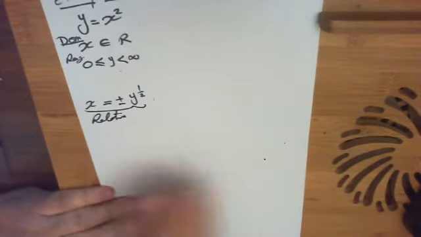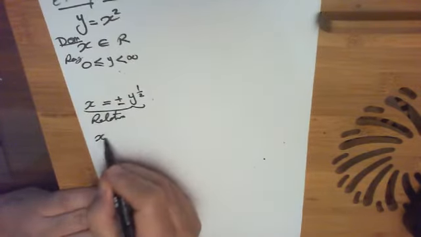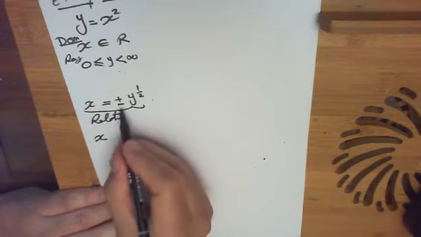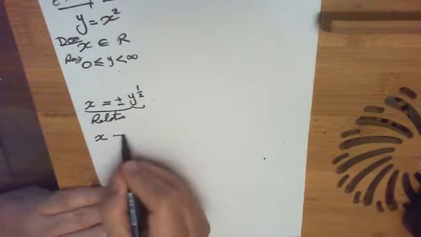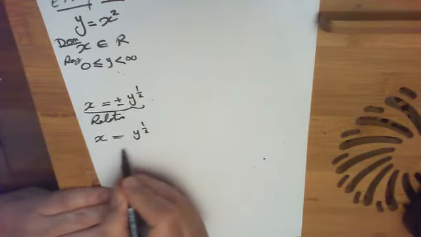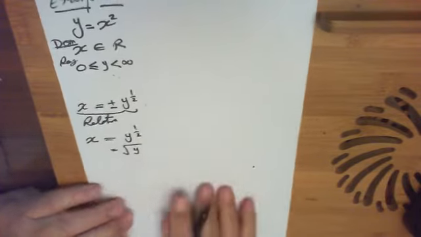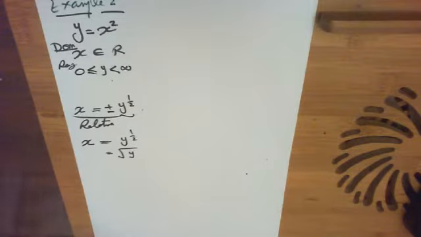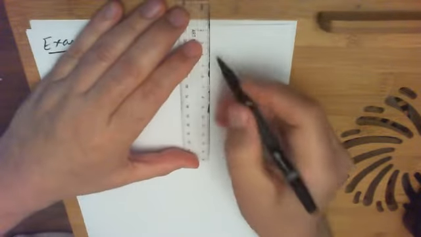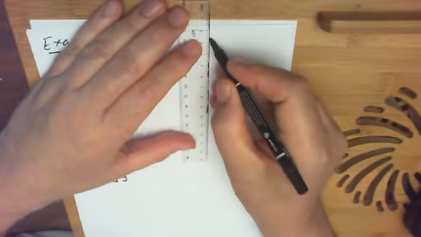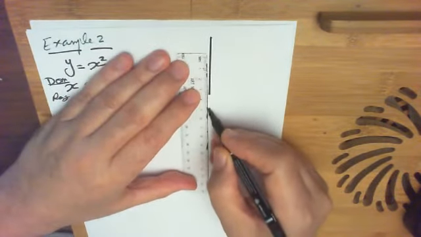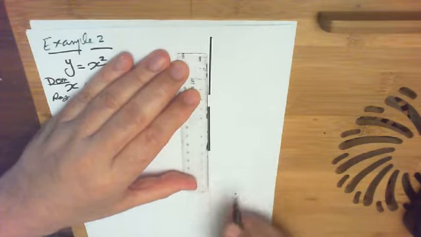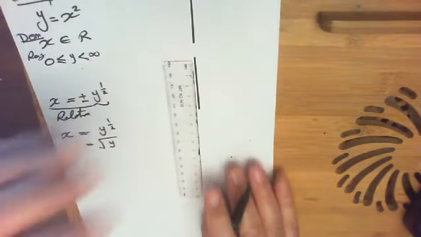But we want it as a function, so you have to write x either equal to minus y to the power half or y to the power half. Let us consider y to the power half, or simply root y. Now let us obtain the graph of both functions. Then we draw both on the same axes.